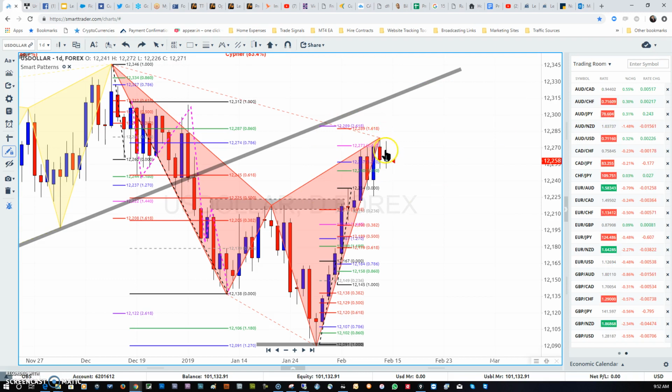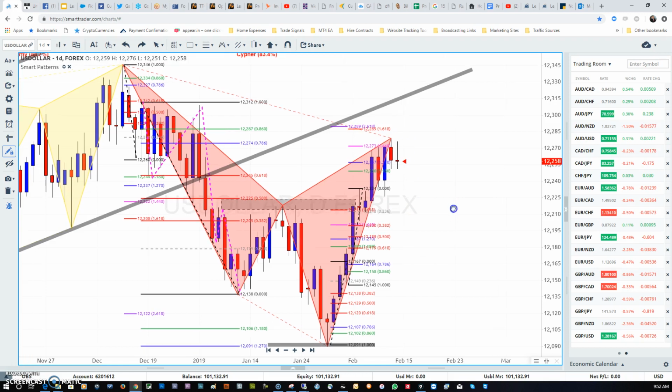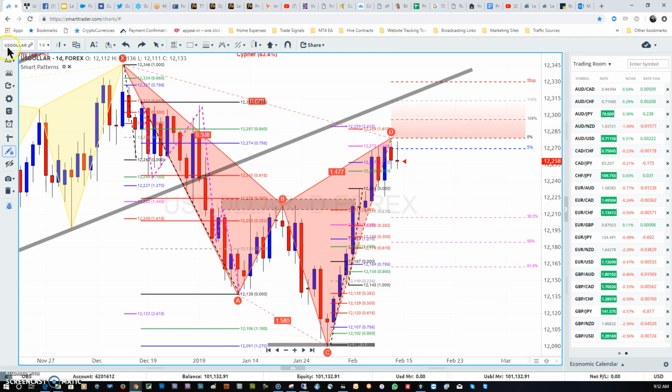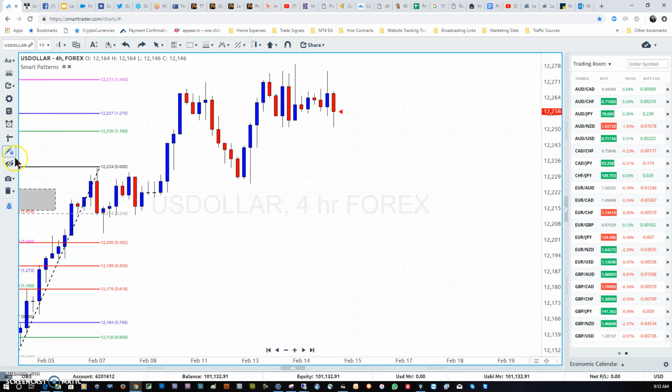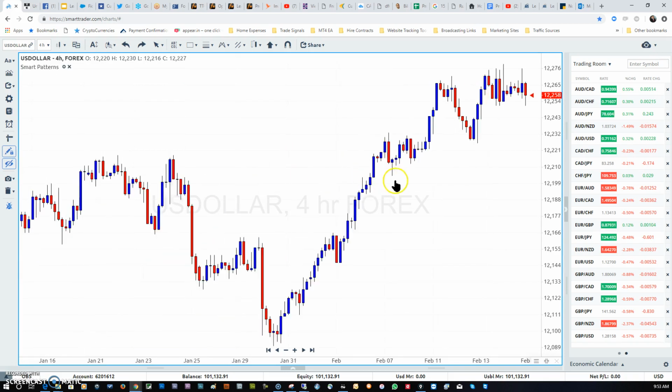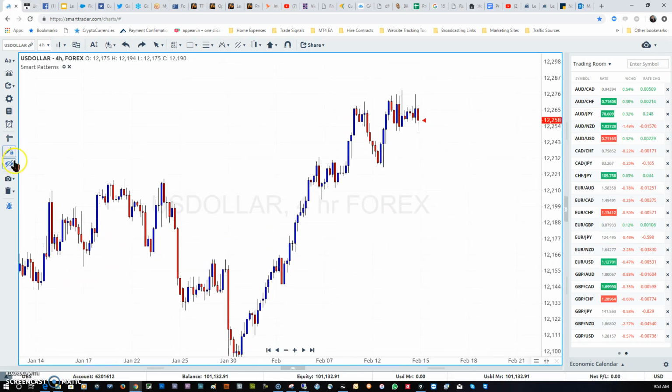So here we are. Dollar index says, in the 4 hour at least, and on the daily, that we're looking for a bearish downside move. So that's confirming that resistance is holding. We're looking for a weaker move on dollar. Now, if I go down to a 4 hour time frame, and I take the technical analysis off the chart, I'll look at this right here.